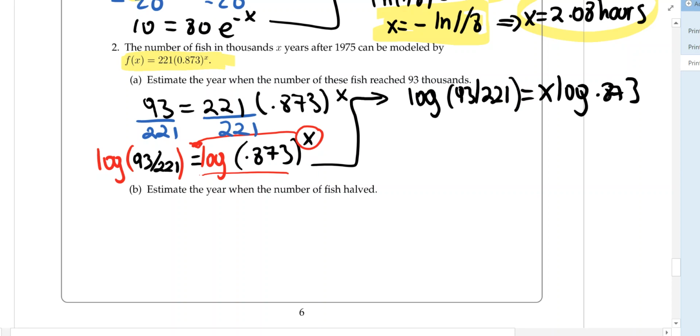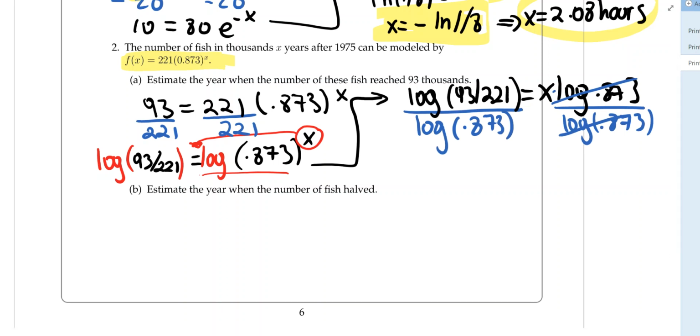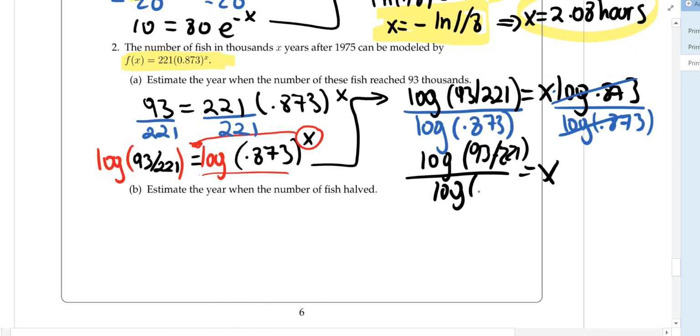Since I'm solving for X and X is multiplied by this number, I've got to divide both sides by that number. Because when I divide both sides, this is going to go away, and all I have left is that X. So X is log of 93 divided by 221 over log of 0.873. So this is the exact answer.